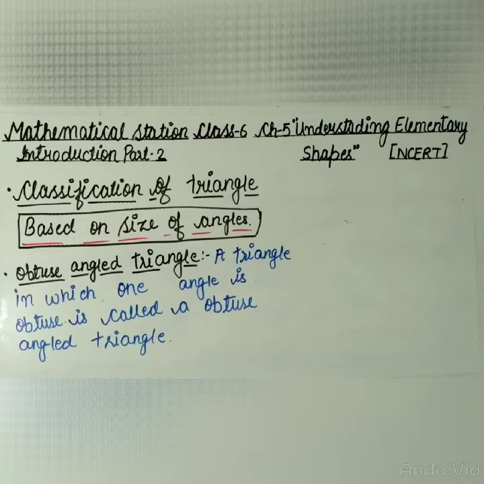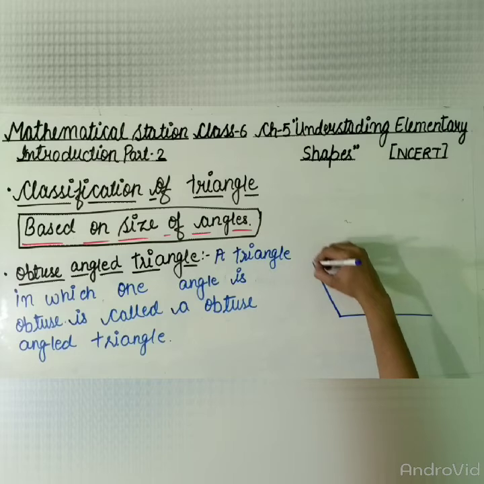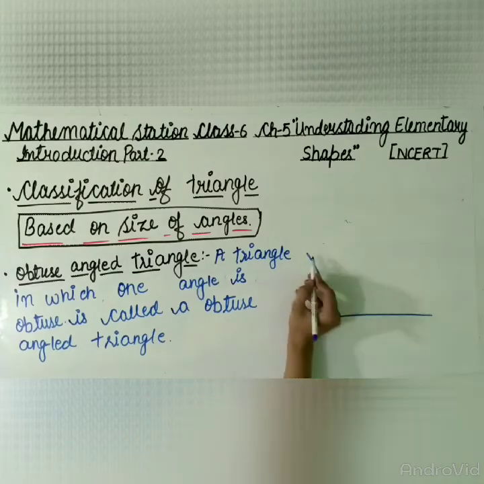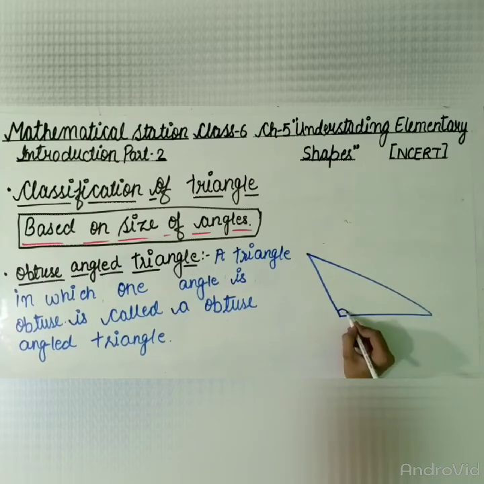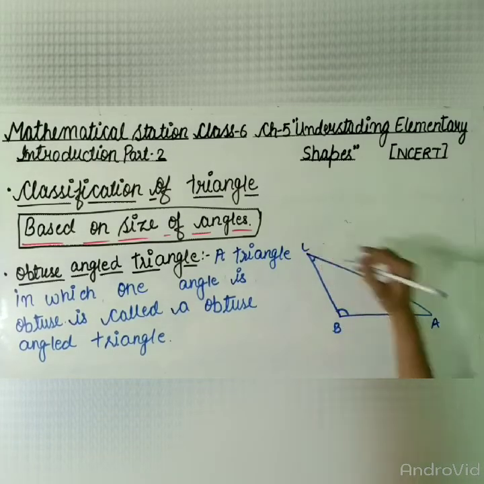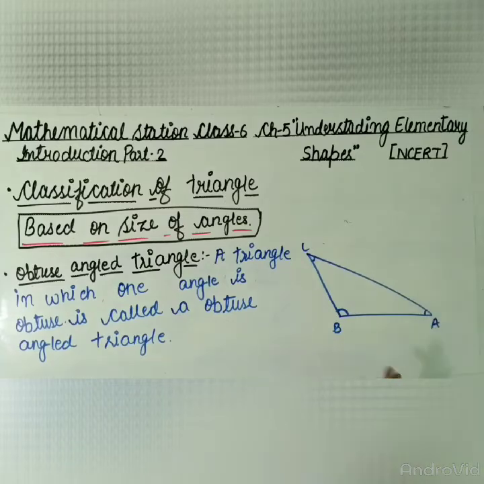If a triangle has one angle an obtuse angle, then in this criteria we will call the triangle an obtuse angle triangle. Let us draw one obtuse angle. Now after joining these 2 points in this triangle, this particular angle is obtuse. So the name of the triangle is obtuse angle triangle.